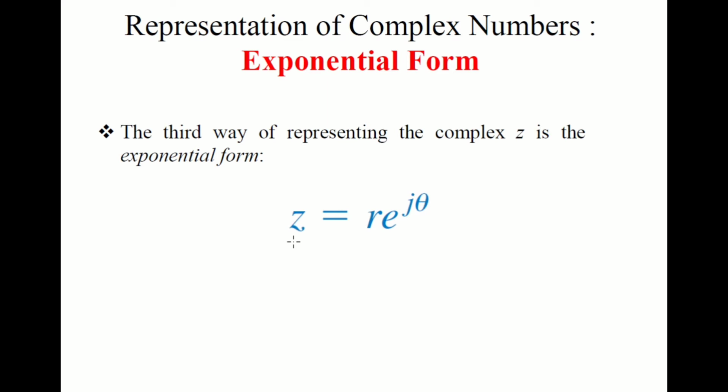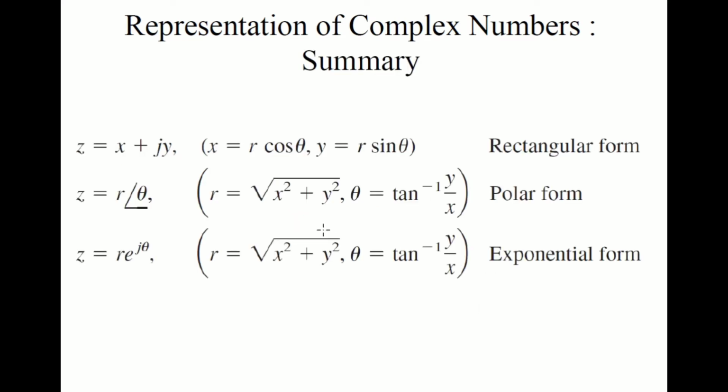Another representation you can use for a complex number is the exponential form, where z is equal to r e to the power of j theta. In summary, we can represent a complex number in three kinds of forms: rectangular, polar, and exponential.